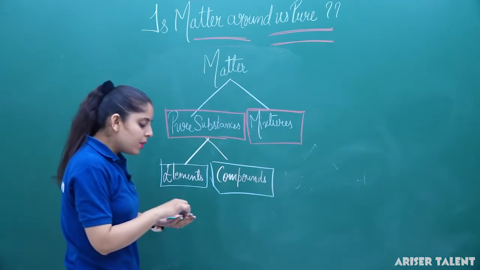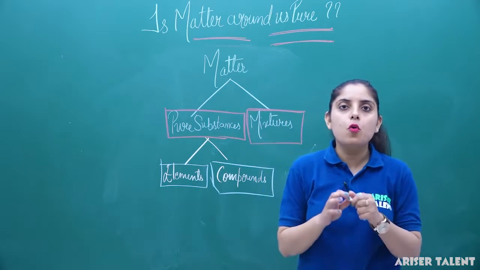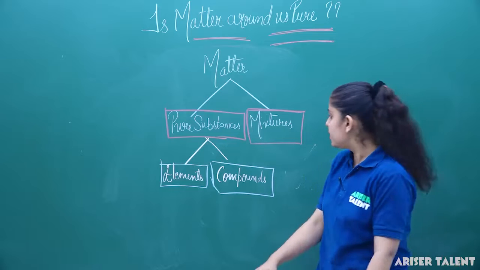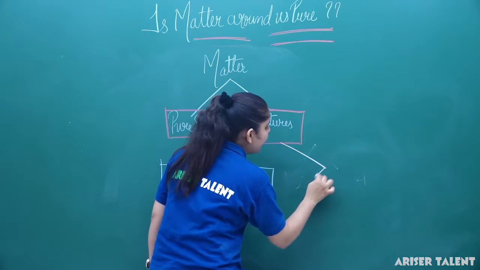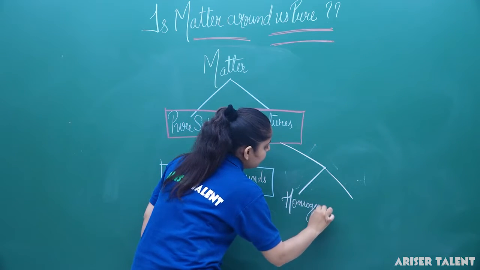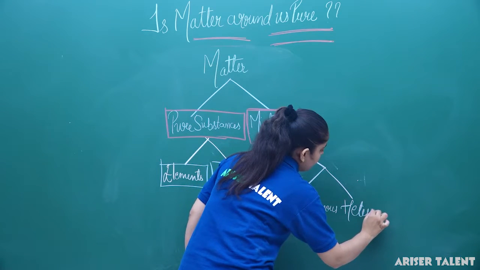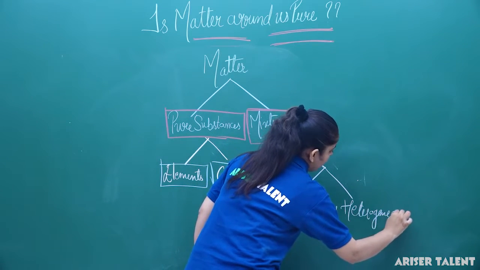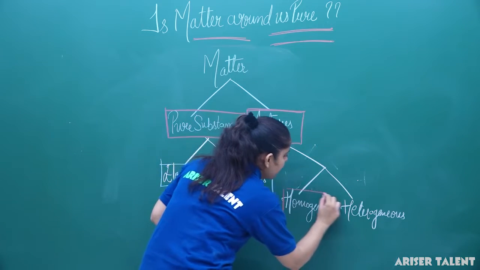If I am talking about mixtures, they again have two categories, that is the homogeneous one and the heterogeneous one. So we can say that mixture will have two categories, that is homogeneous and heterogeneous. So these are the categories of the mixture we have.